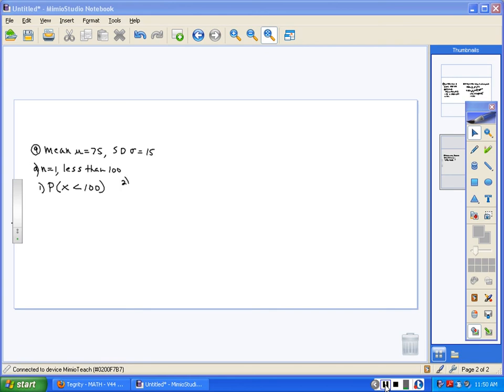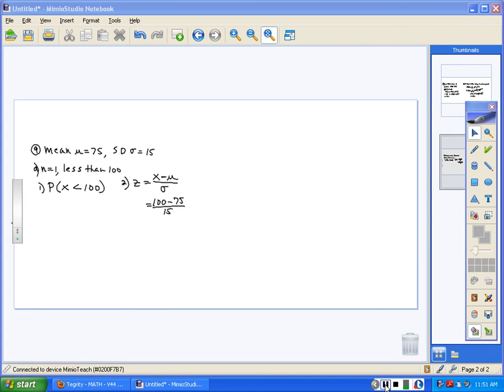So step 2 is z is equal to x minus mu over sigma. X is 100, even though it says less than, it means less than or equal to. So x is 100 minus 75, and then that is divided by 15. Make sure you do this on the calculator because, believe it or not, it's a little tricky.